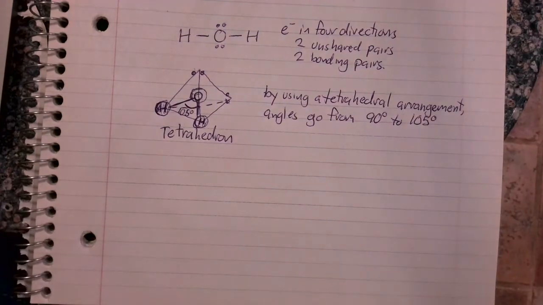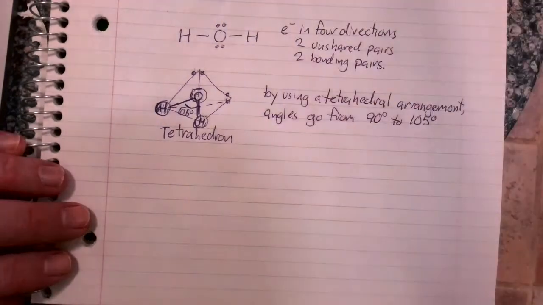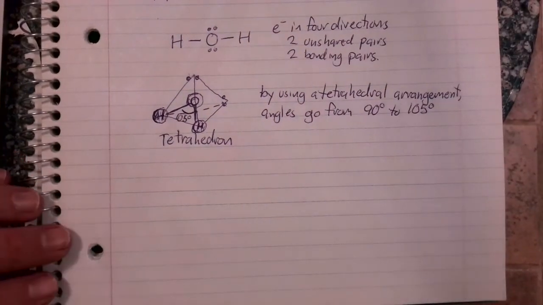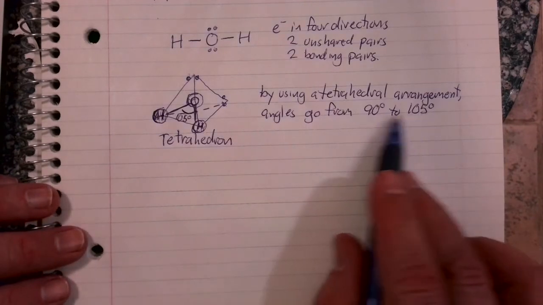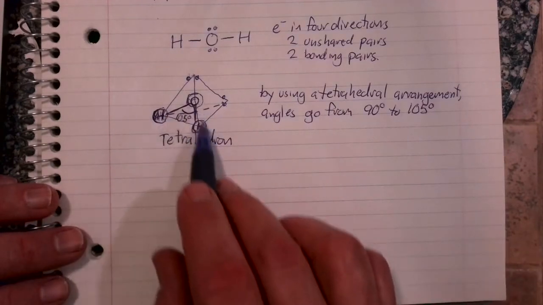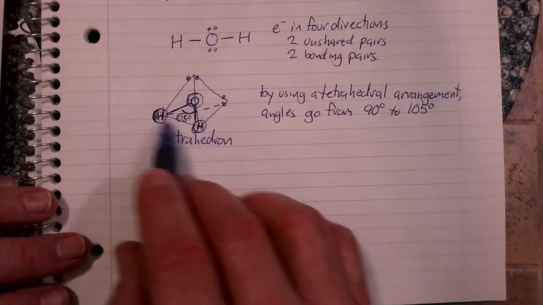And that's a lot bigger angle and a lot smaller repulsion, okay? So if you look at this, we've increased the angle about 15 degrees by spreading it out over 3 dimensions.